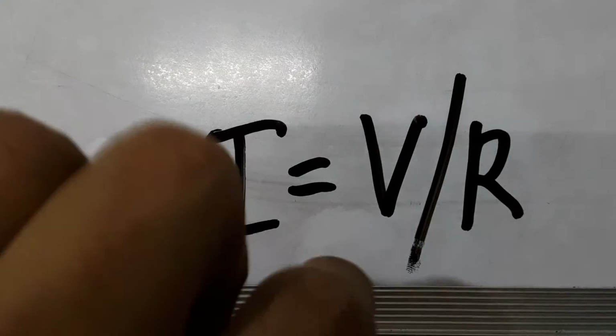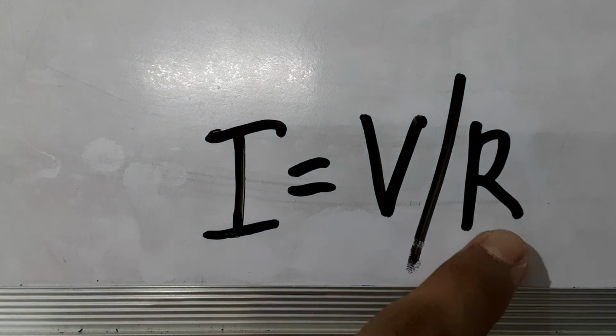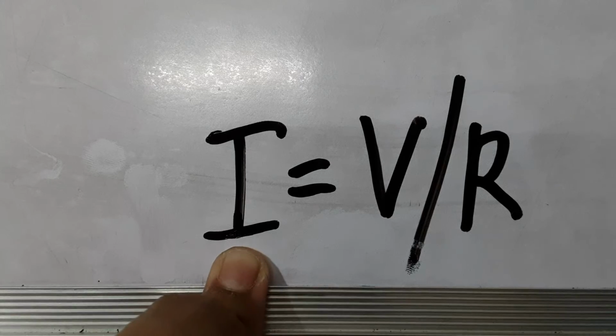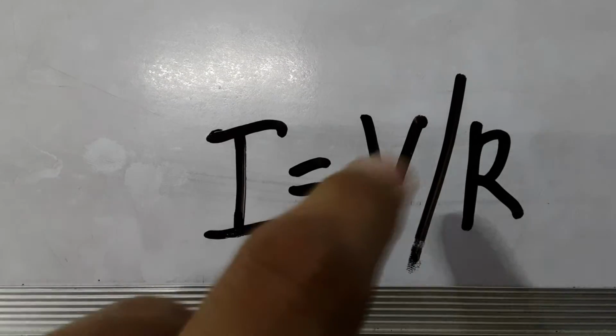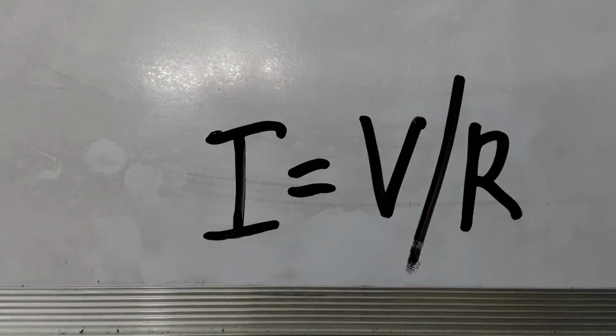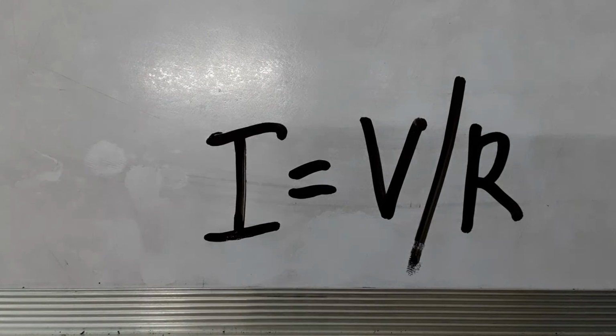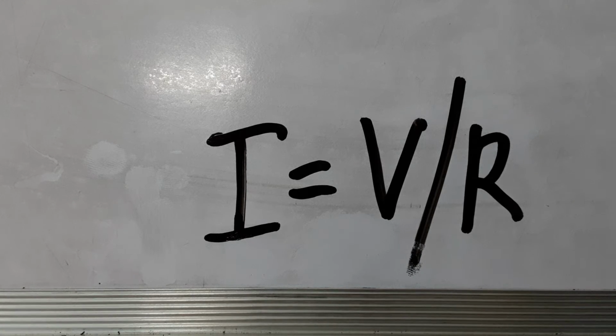So the resistance is inversely proportional to the current when the voltage is constant. This is the relation between current, voltage and resistance that is beautifully given in Ohm's law.